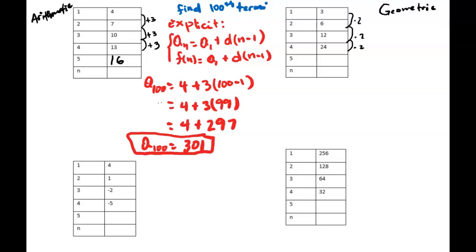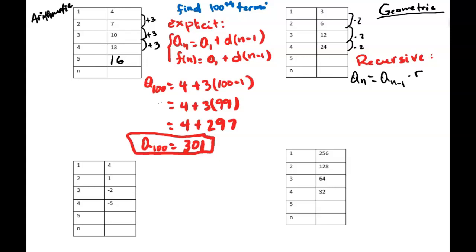So with the geometric sequence, we can go ahead and find the recursive formula. Remember, the recursive formula is simply a sub n equals a sub n minus 1 times the common ratio.